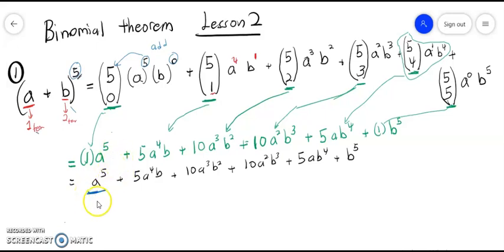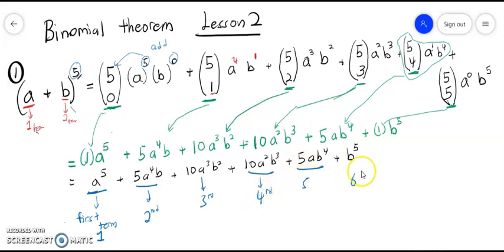This is your first term. So I just put a numbering here. First term, second term, third term, fourth term, fifth, and also the sixth term.